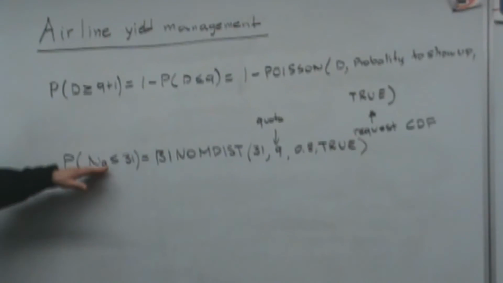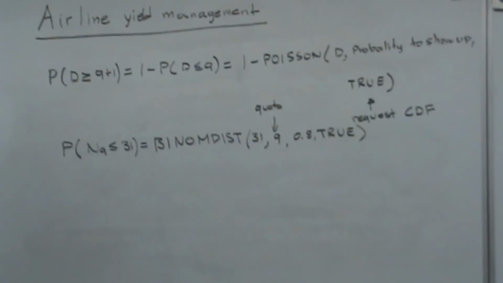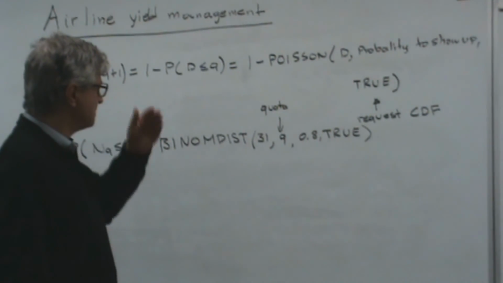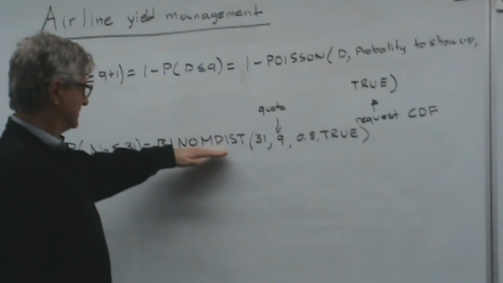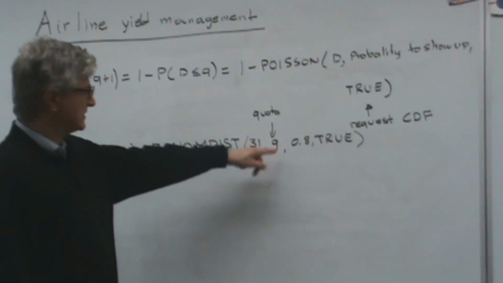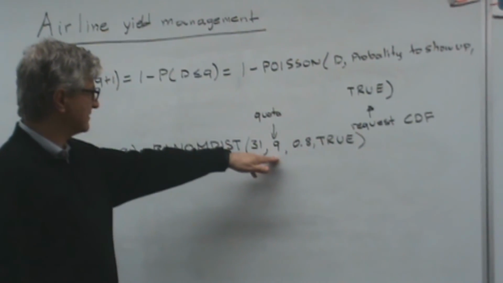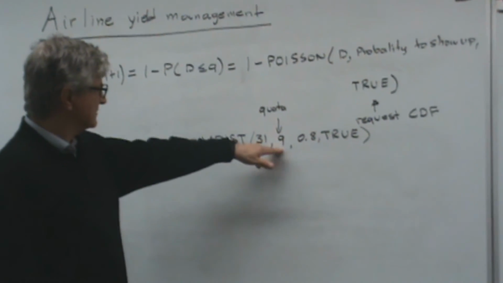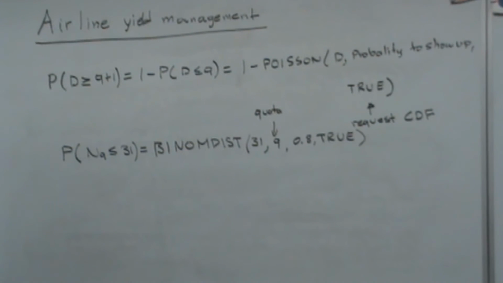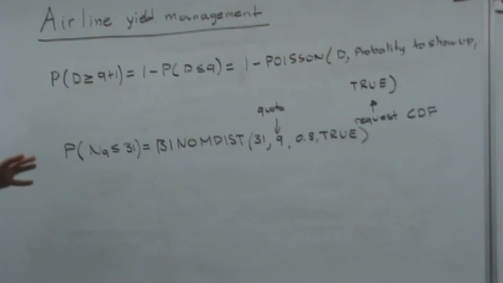So if you use this statement in Excel and you calculate the value for a particular quota, say 33 or 34, then we'll find what is the probability that the airline will be able to accommodate that number of reservations.